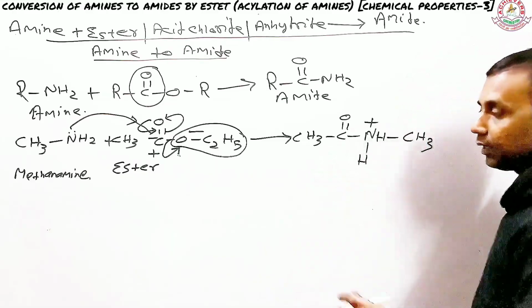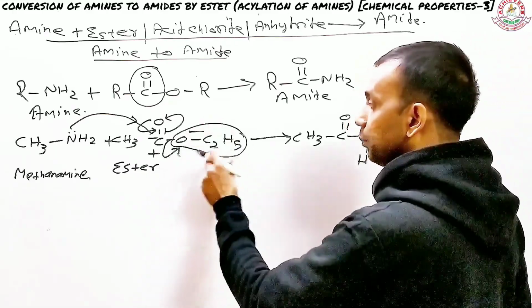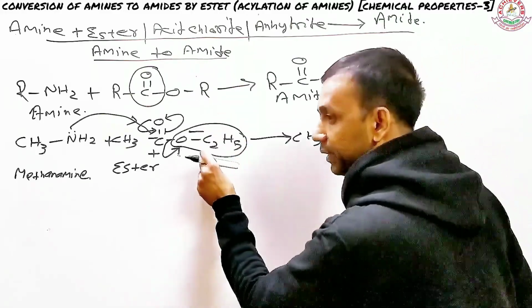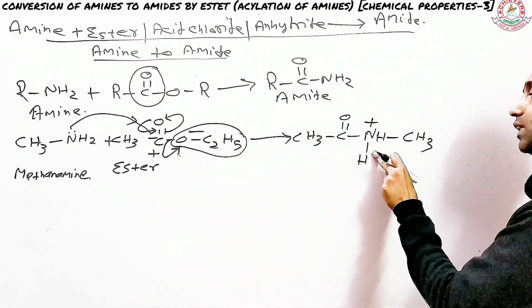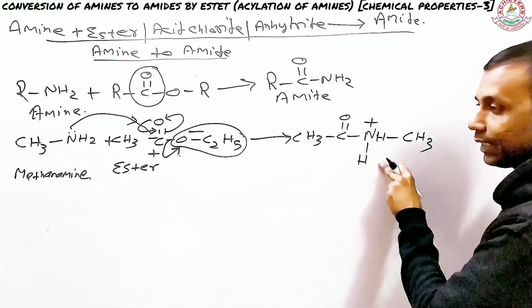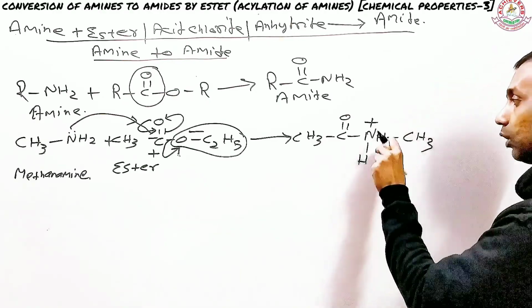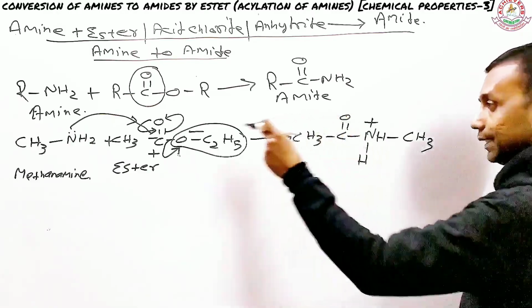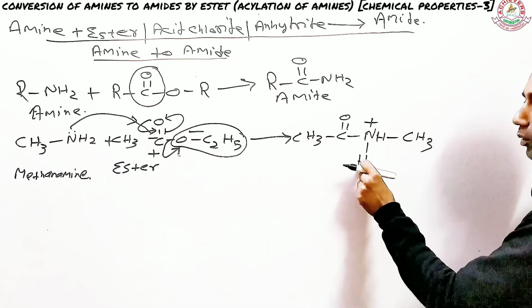Now you have to remember that you have a negatively charged particle right here. So what's going to happen then? Concentrate. Now nitrogen is electron deficient, so in order to complete itself, this will attract the proton from here.